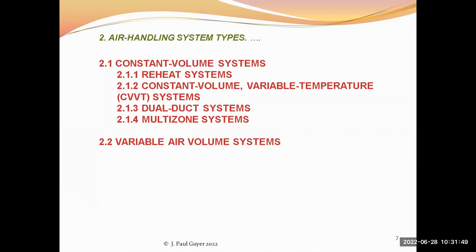And then the fourth fundamental type of constant volume system is a multi-zone system. If you can visualize back at the fan room in a straight constant volume system, the air is just pushed into one big duct as it leaves the fan room. But you can divide that big duct up into a certain number of small ducts, typically a maximum of about 10.